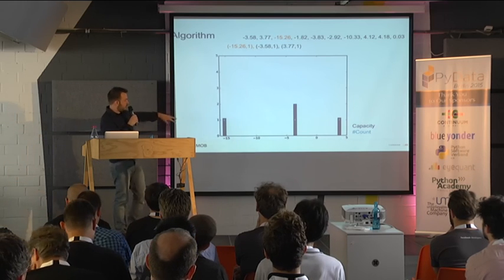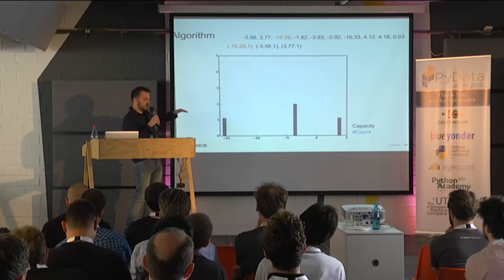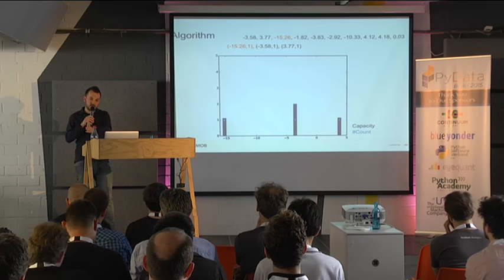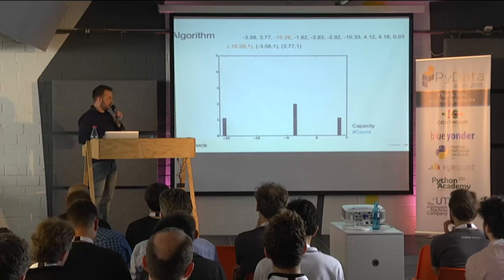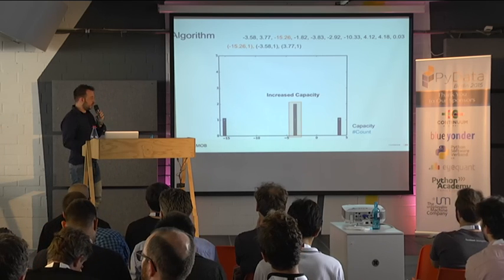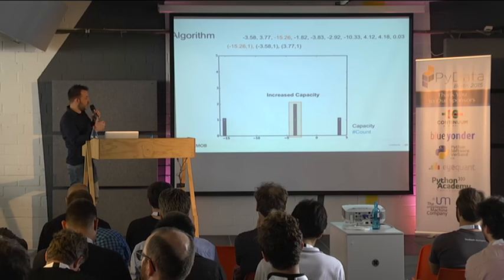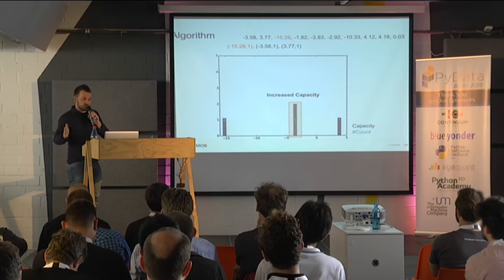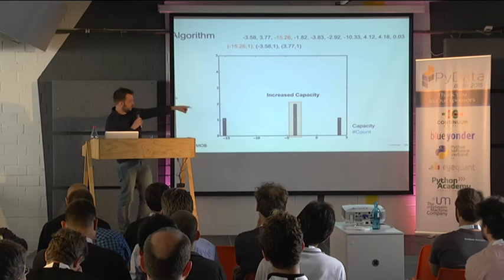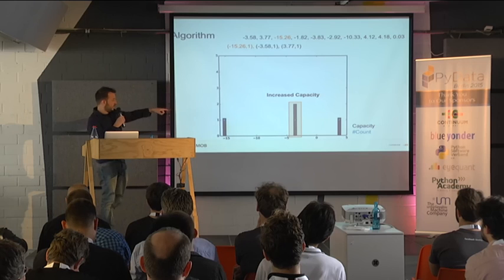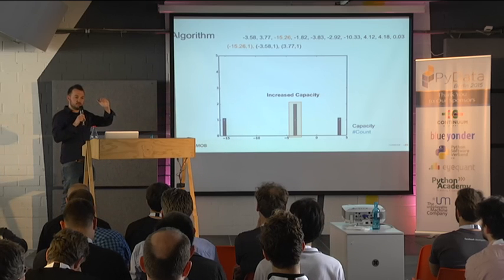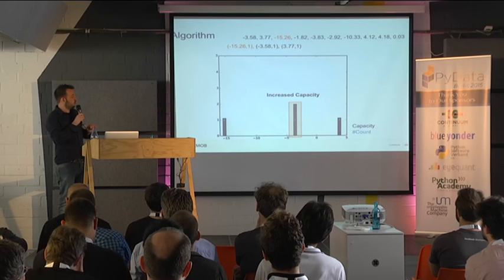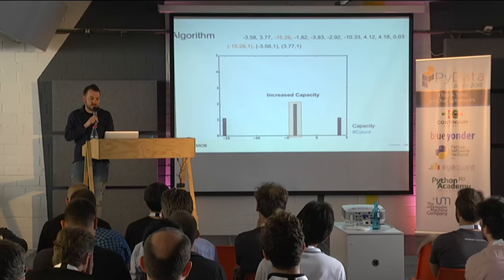The capacity of the centroids changes over time, so they get constantly re-evaluated after inserting a new element. And we are now in the situation that we can add a new element, which is minus 1.82. We find the closest centroid, which is exactly this middle centroid, and this one now has a capacity bigger than 2, so it has enough room to add one new element, and this is exactly what happens now.